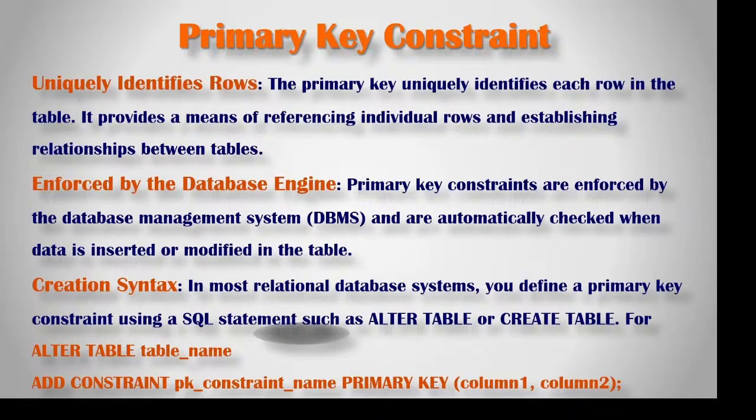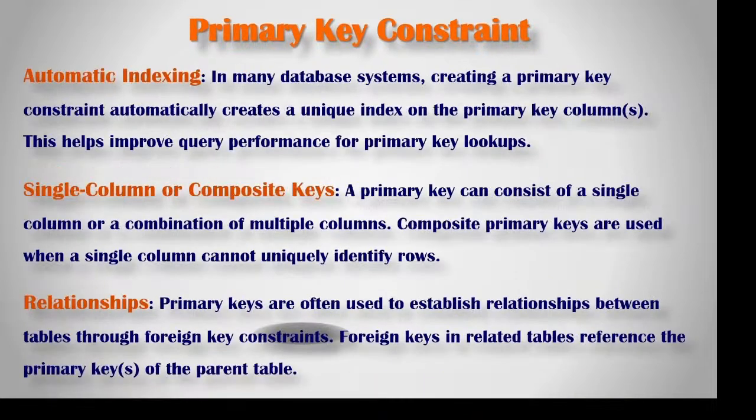In most relational database systems, you define a primary key constraint using a SQL statement such as ALTER TABLE or CREATE TABLE. For example: ALTER TABLE table_name ADD CONSTRAINT pk_constraint_name PRIMARY KEY (column1, column2). Automatic indexing. In many systems, creating a primary key constraint creates an index on the primary key columns to improve query performance for key lookups.